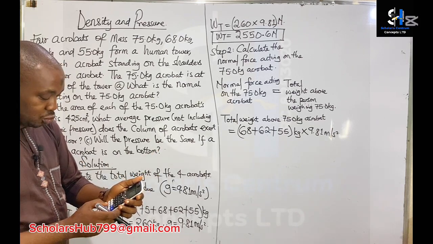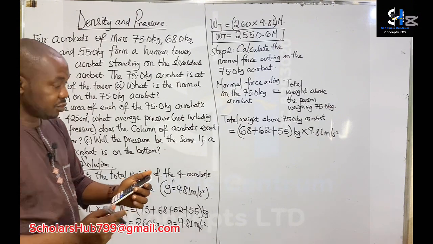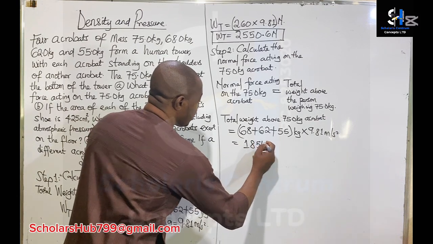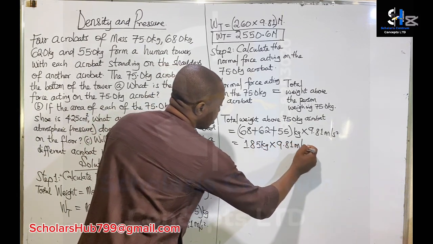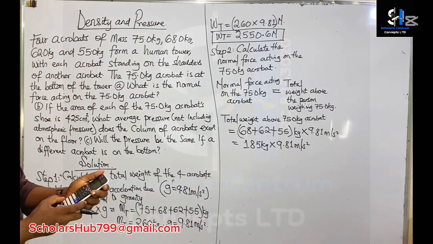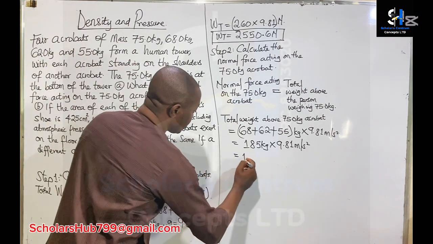We have 62 plus 68 plus 55, that will be 185 kilograms, multiplied by 9.81 meters per second square.